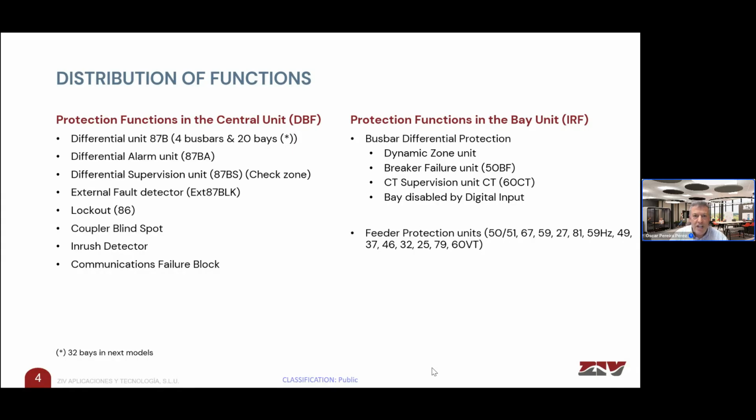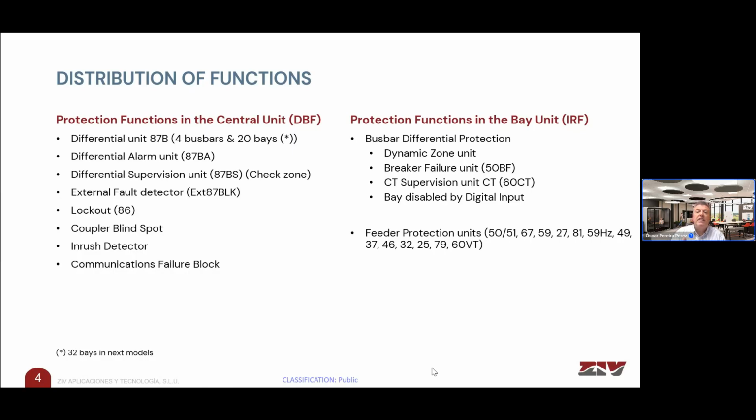However, on the other side, there are other protection functions that are directly related to each bay unit in particular. In those cases, such protection functions are in each of the bay units, in what we call in our unit the IRF. For example, the breaker failure unit.